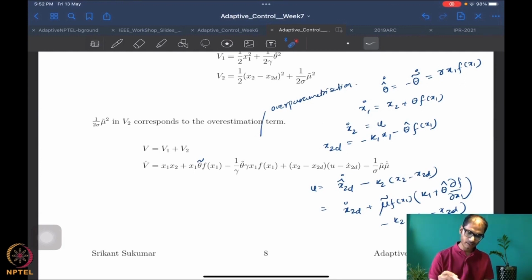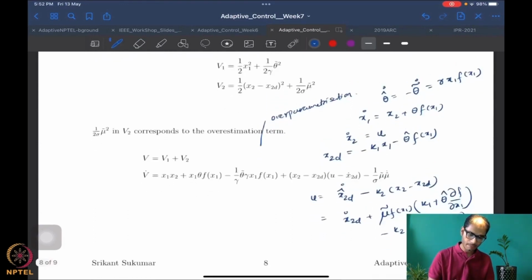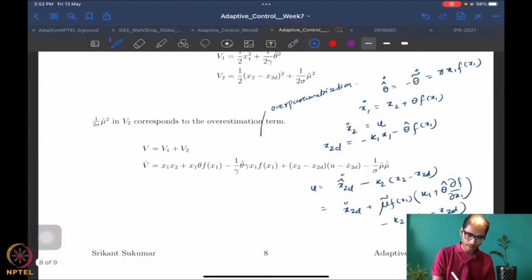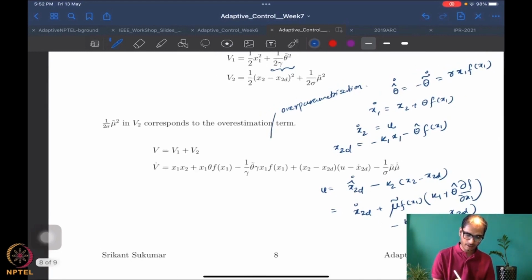I'm trying to wonder, wait a second. This is theta, so I believe this term gives me in v dot theta tilde dot divided by gamma.